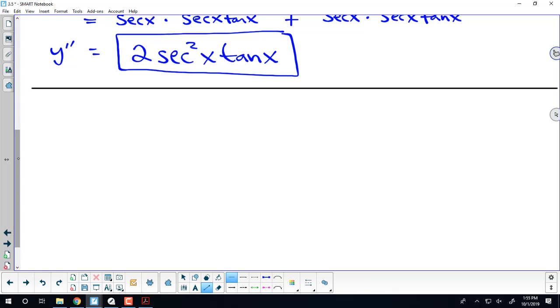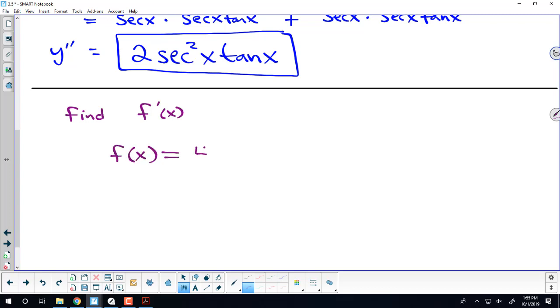But one last thing I want to mention in this section. If you had to find f prime, and maybe you came across this in the product rule section, but if the function is, let's say, 4x squared times tangent x times secant x, can you just simplify that?